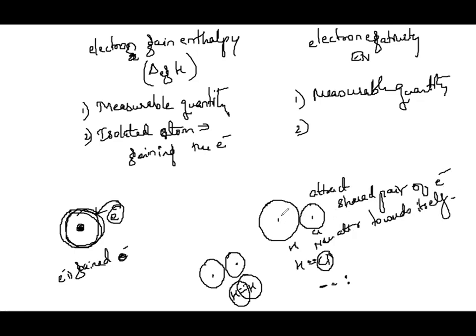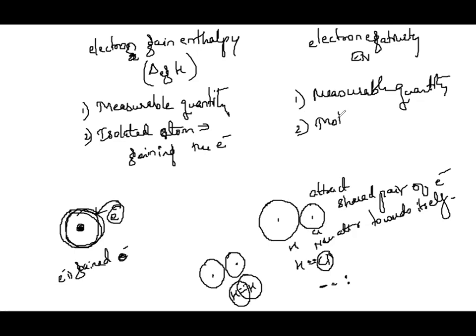So the electrons are not added into the orbital. They are slightly attracted. And this case comes when it is not an isolated atom. It should be a molecule.